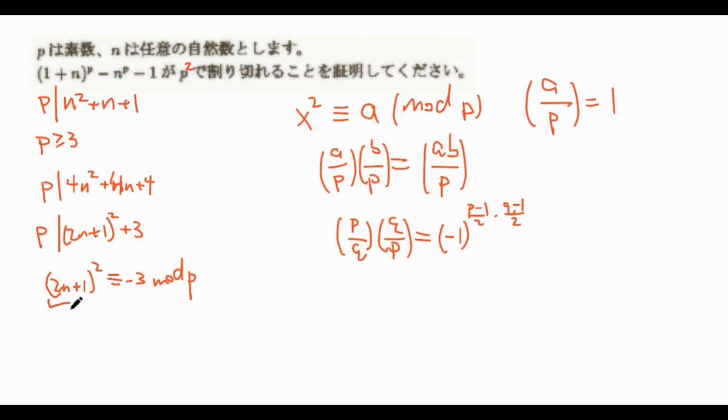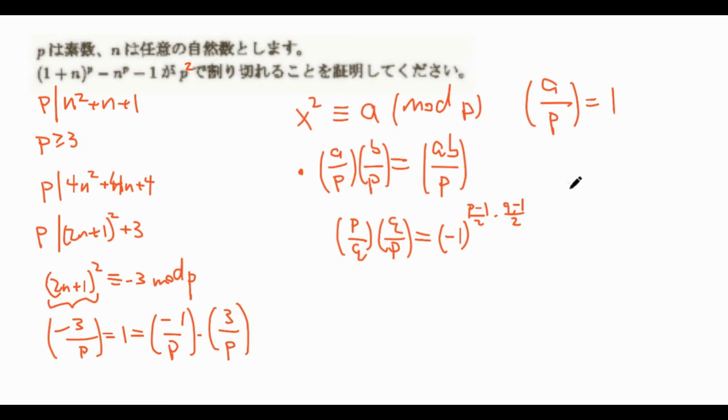We have a number squared is congruent to negative 3 mod p, which implies that (negative 3 over p) equals 1. In other words, negative 3 is a quadratic residue mod p. So what does this simplify to? Well, we can use this property of the Legendre symbol, complete multiplicativity, in order to turn this into (negative 1 over p) times (3 over p).